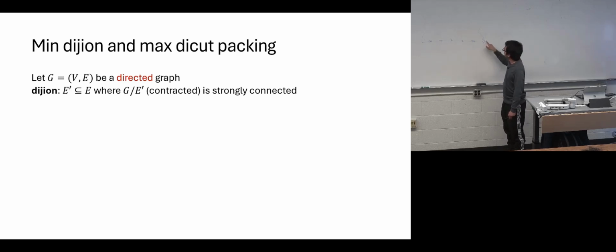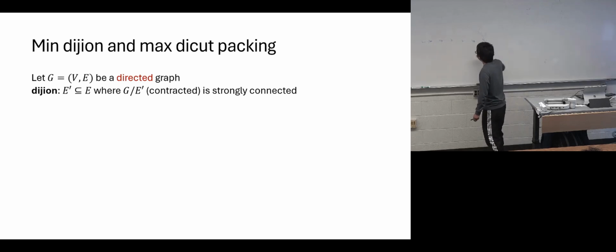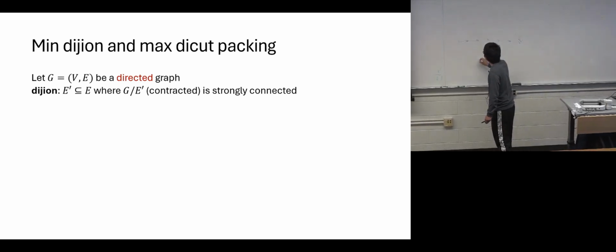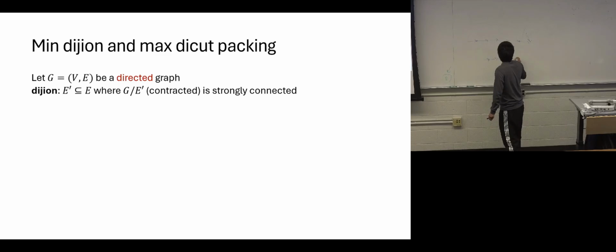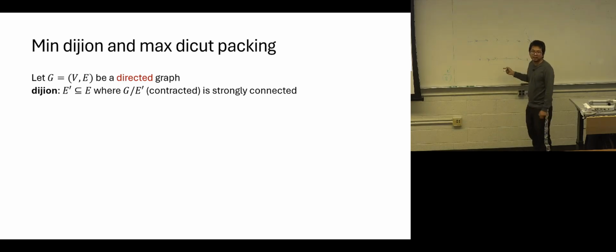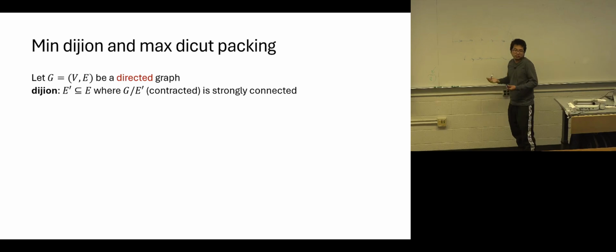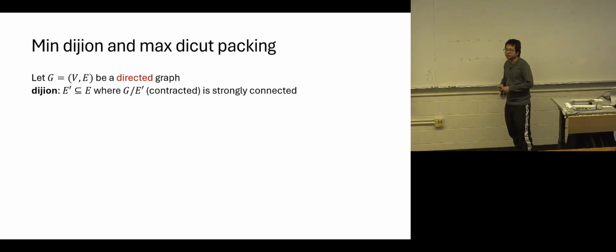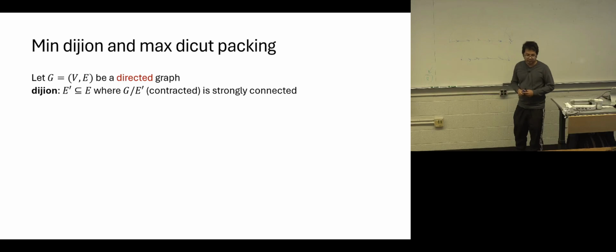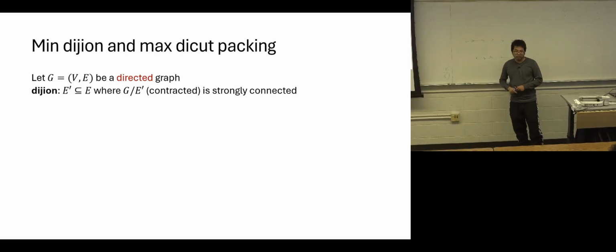Yeah, if you just contract the big edge, then it's going to look like a cycle now. So just contracting one edge here, the graph becomes strongly connected. Does strongly connected mean that you can reach from one node to another in both ways? In both ways, yeah.